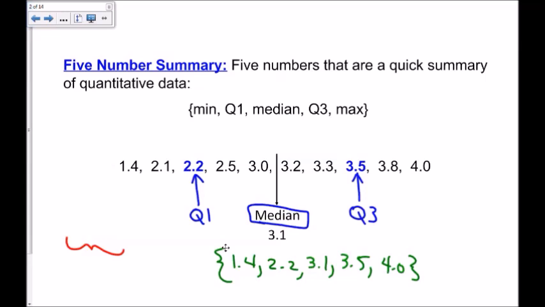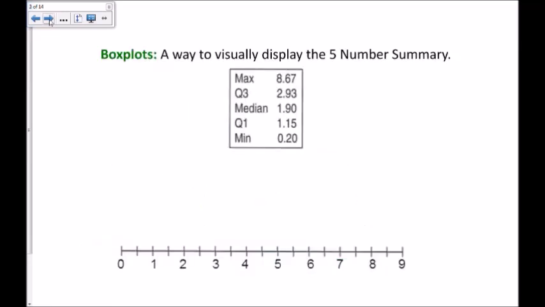And so we have found a way to visualize the 5-number summary by drawing a box plot. A box plot is a way to visually display the 5-number summary, specifically to look at the shape of that distribution. The place that you start when drawing a box plot is with Q1, the median, and Q3.